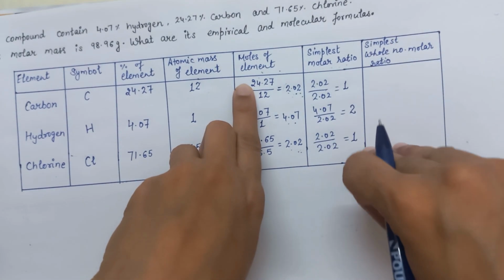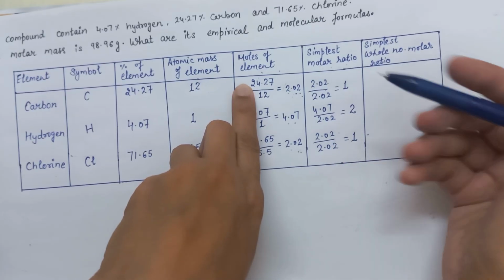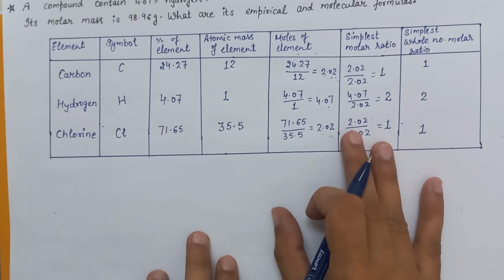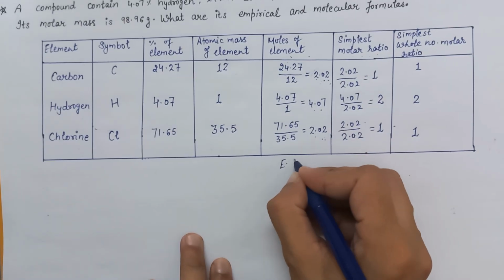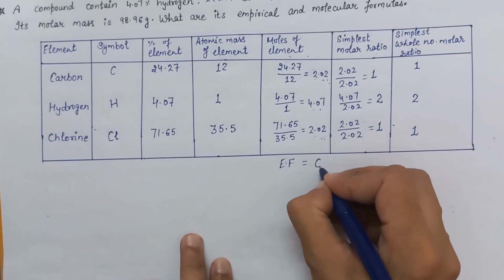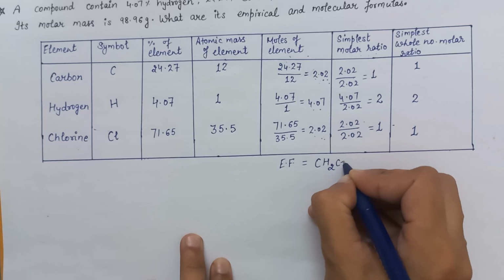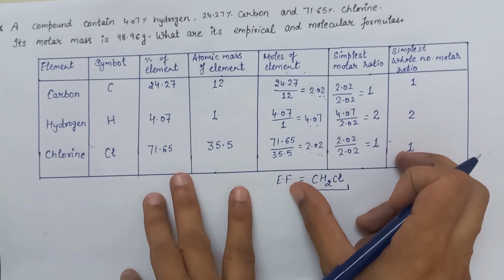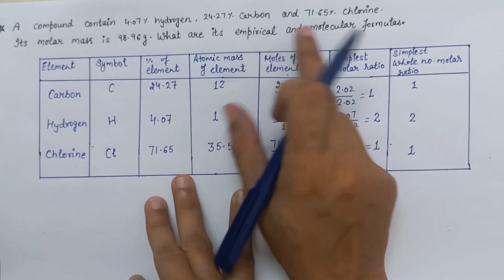As this is a simple whole number ratio, we can write it as it is. We have 1 to 2 to 1. So therefore the empirical formula of this compound becomes 1 carbon, 2 hydrogen, and 1 chlorine. So this is the empirical formula of this molecule whose percentage composition is given.